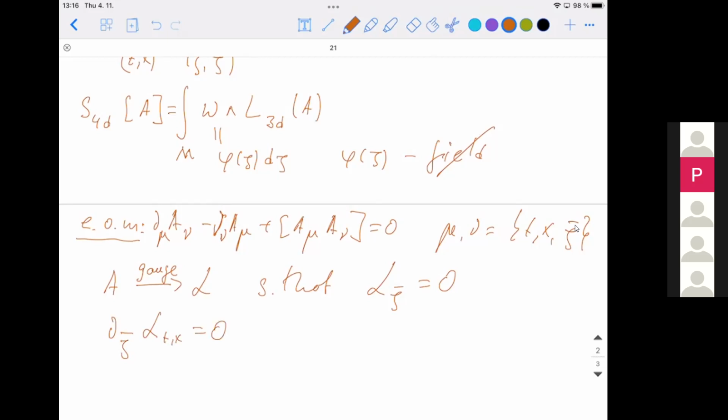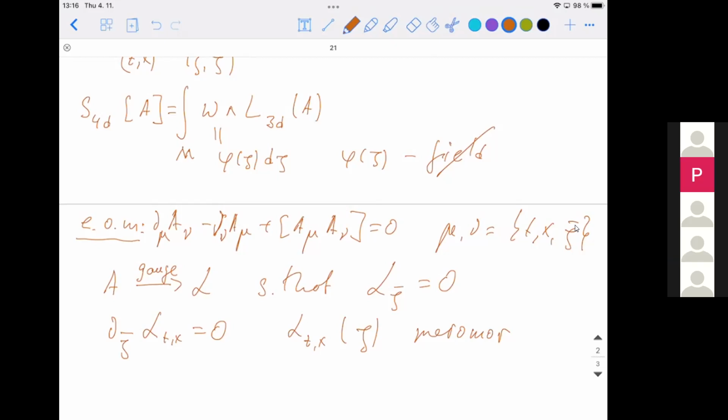That means, since zeta bar is the complex conjugate of zeta, we can say that L depends on zeta meromorphically. So that is the main setup actually.